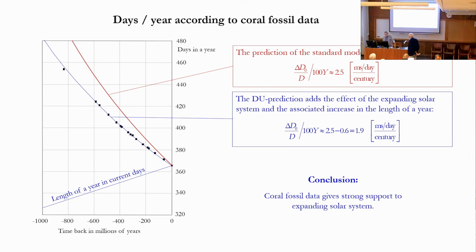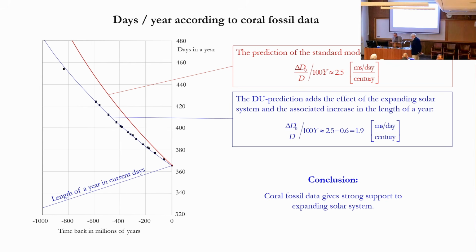So you have 2.5. That's the effect of the length of the year, and that gives the 0.6. It's calculated from the expansion speed, the expansion of space.